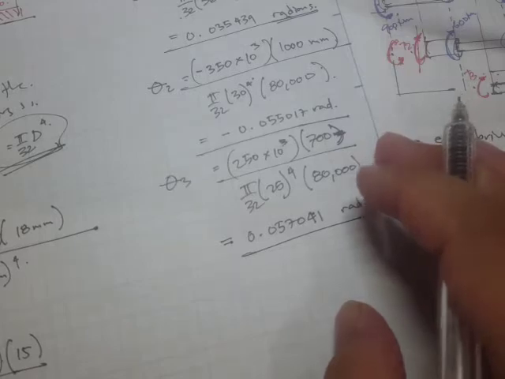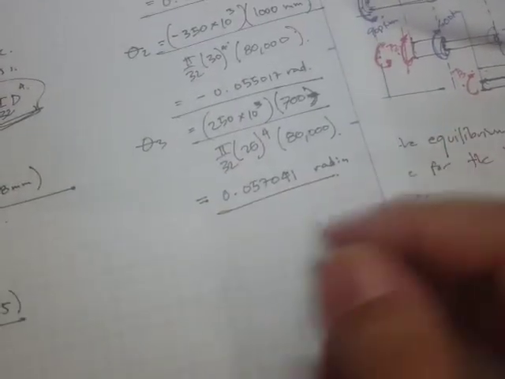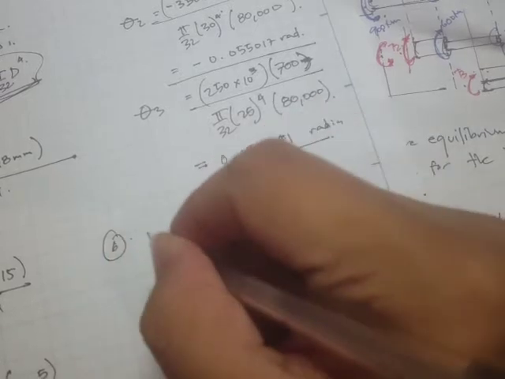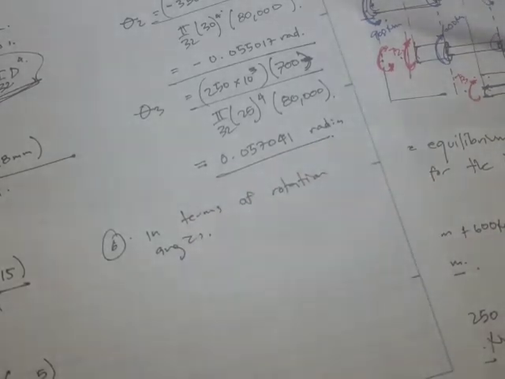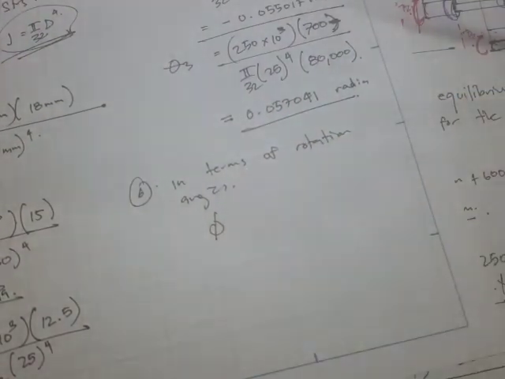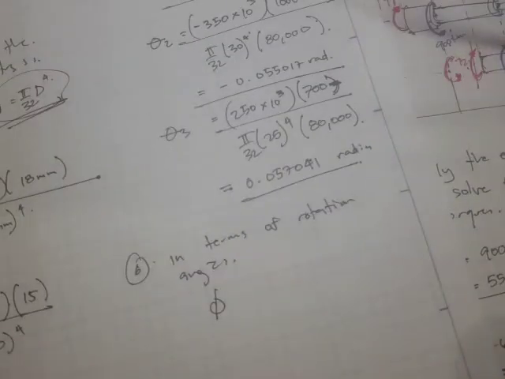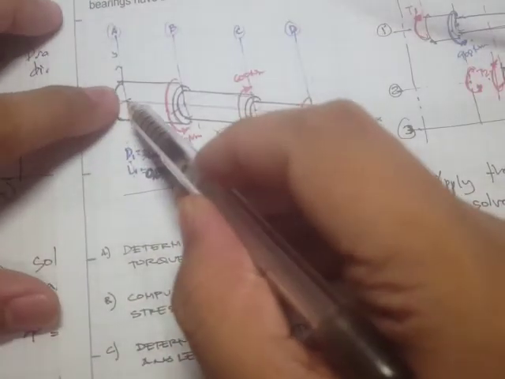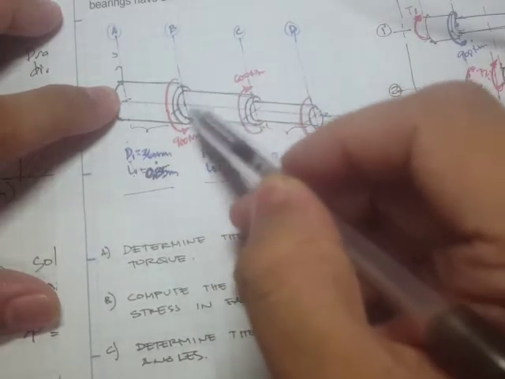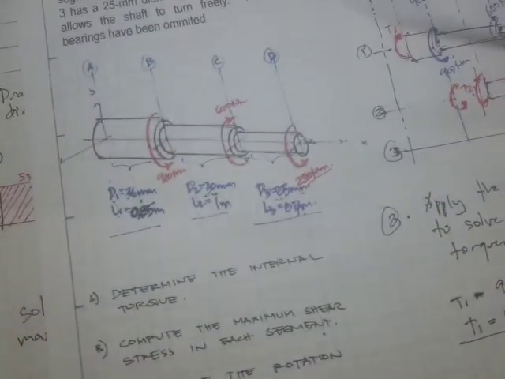And in terms of rotation angles, let's write here, in terms of rotation angles, then I think this should be, if this is our reference, so the angle of twist must be at this point B, right?